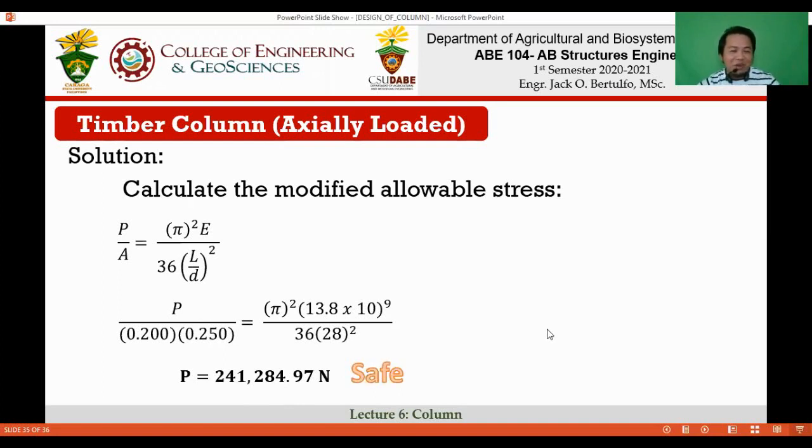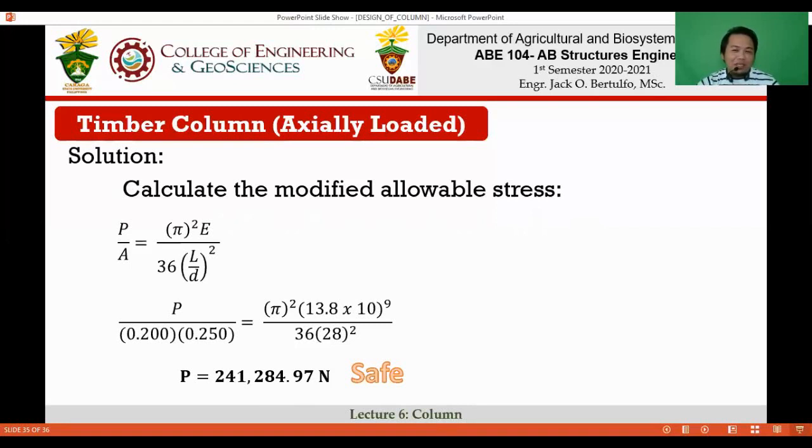Gets? I hope that you can answer. So this value requires 241. The maximum actual load is 240. So therefore it's safe, but it's very close to the value. So try to design.